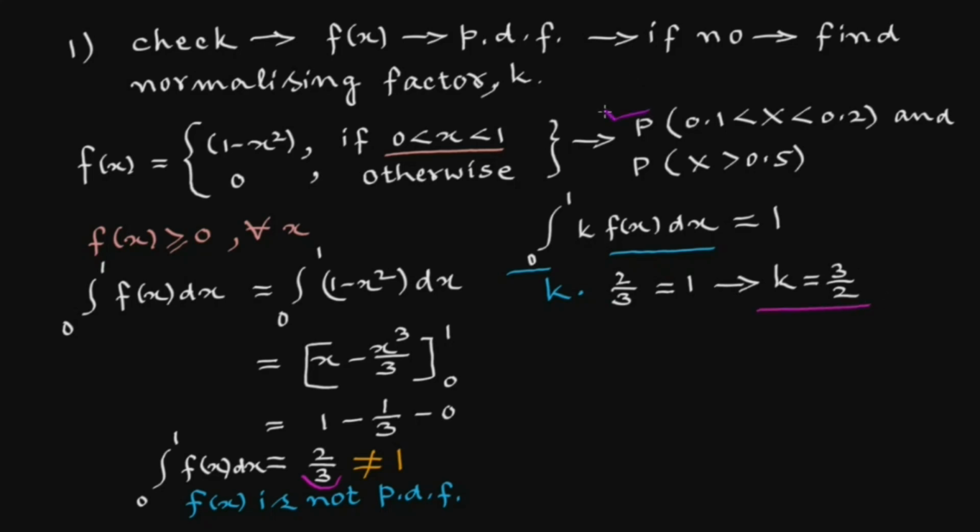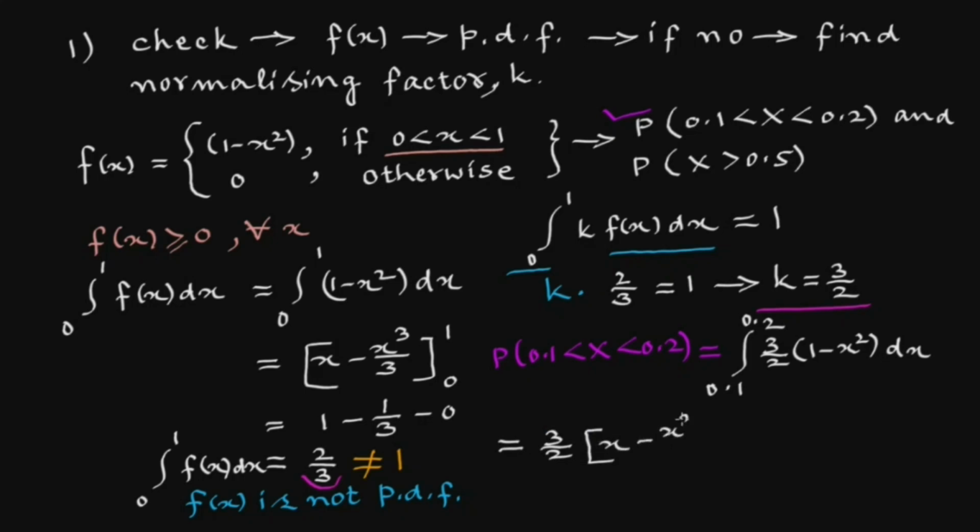Now the first probability, P(0.1 < x < 0.2), will be the integral of 3/2 times (1 - x²) dx from 0.1 to 0.2, which will be 3/2 times (x - x³/3) from 0.1 to 0.2.